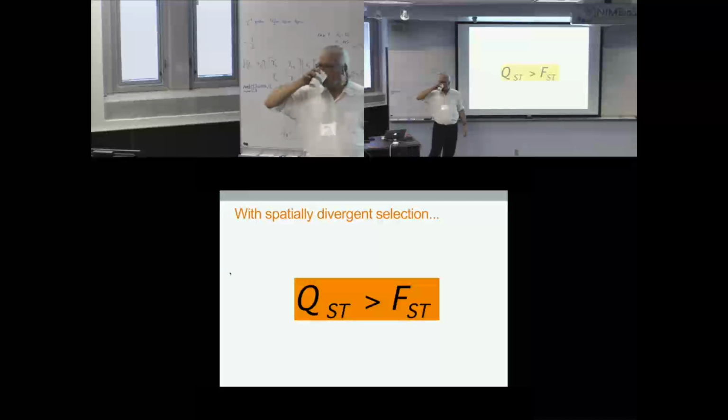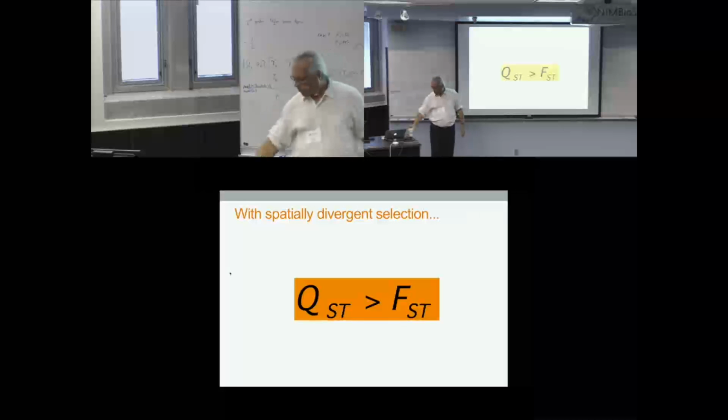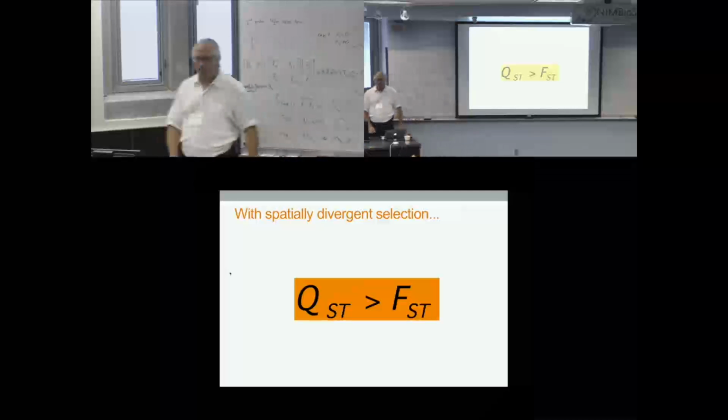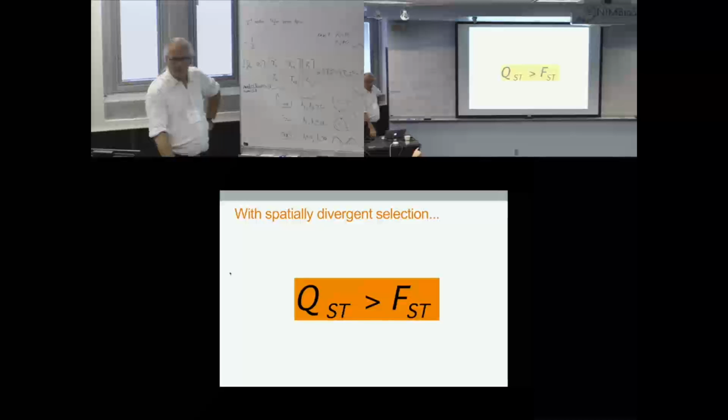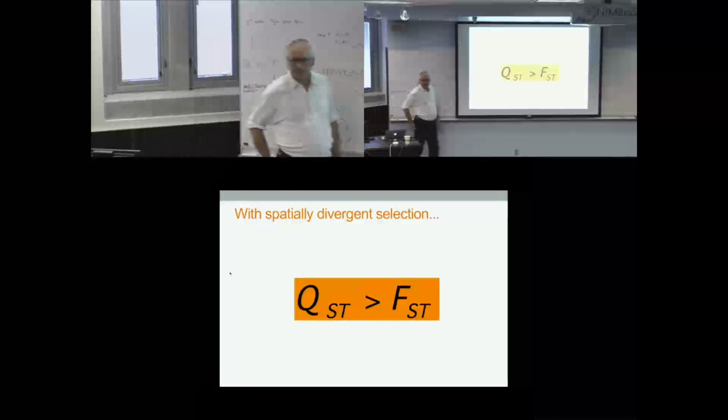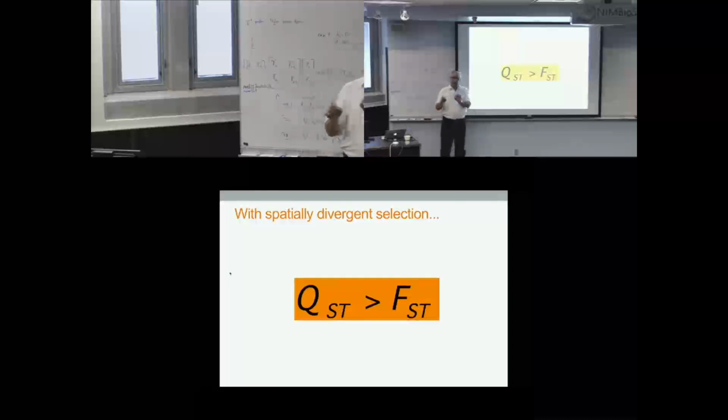Maybe you're going to make this point, but if we were predicting that there would be spatial uniformity in the same pattern of stabilizing selection, would we predict this expression with the inequality reversed? Yeah. So if you have stabilizing selection for the same optimum everywhere, this would be QST less than FST.